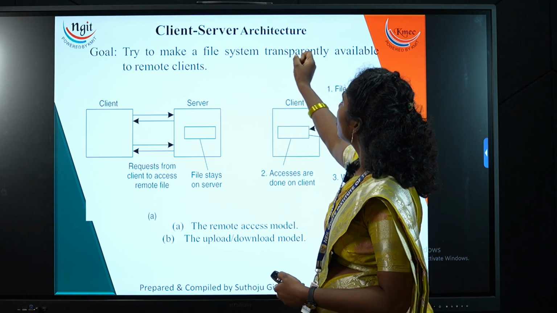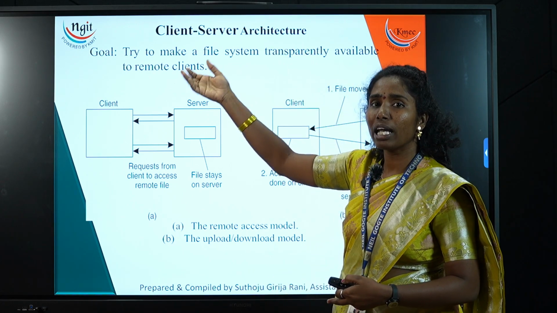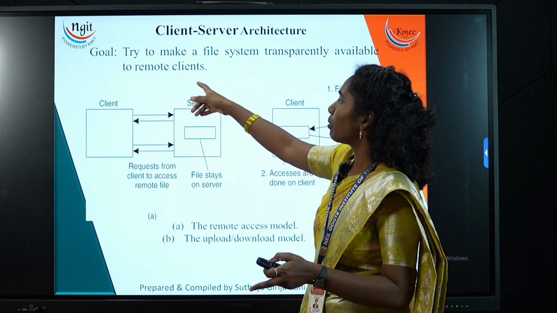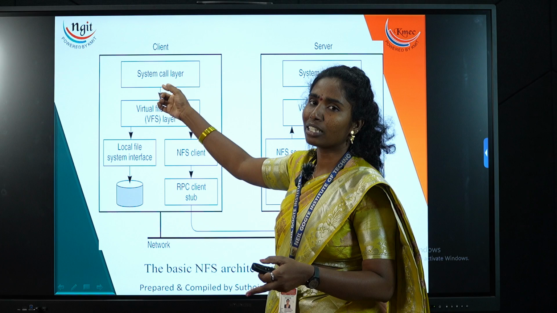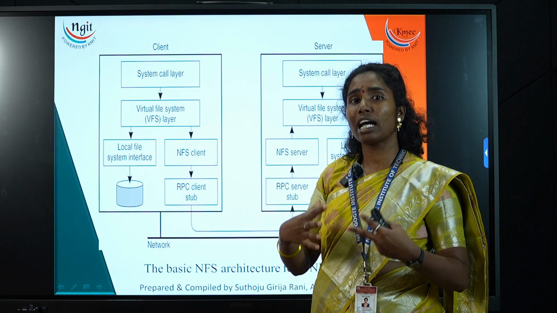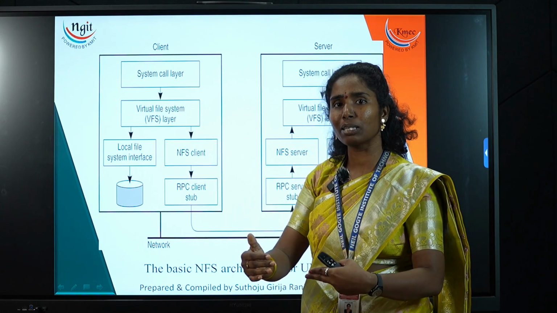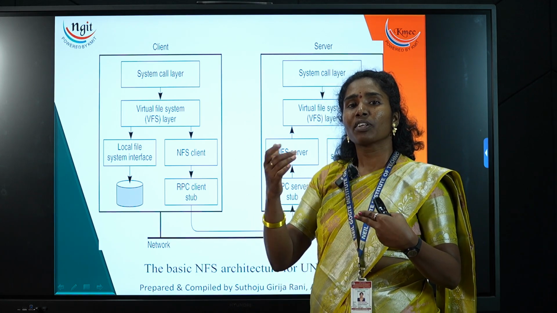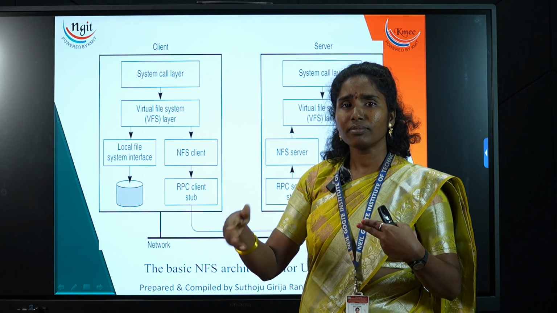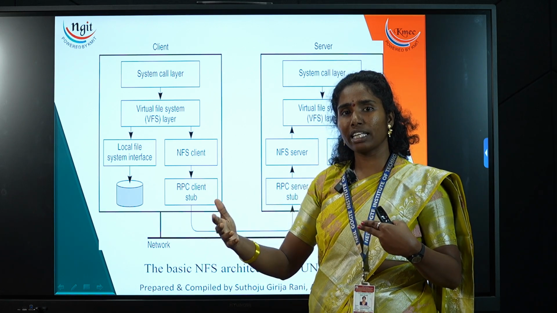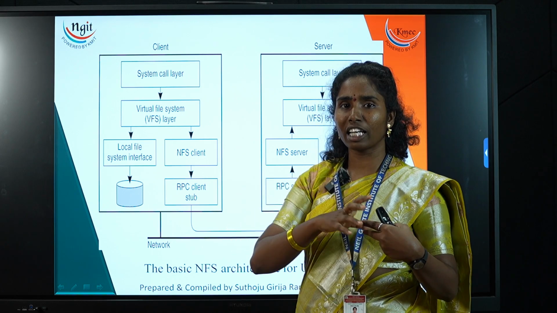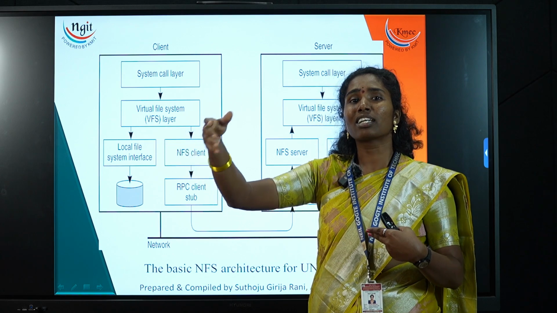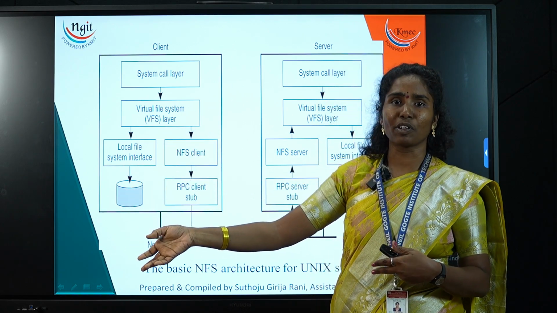We make all the files transparently available in the environment to the remote clients. The client will feel that the file is in their own system locally, but internally, the admins who provide that data to the client know where that file is exactly located remotely in the distributed environment, right?